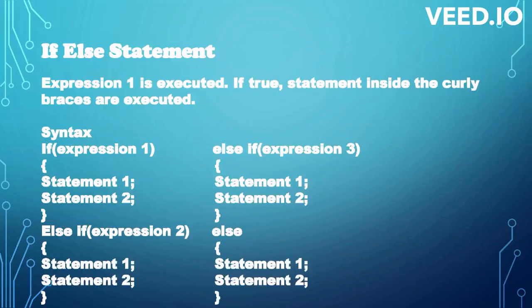In the if else statement, if expression 1 is true, the statements inside the curly braces are executed. It is the same as the if statement, but you'll have multiple options.